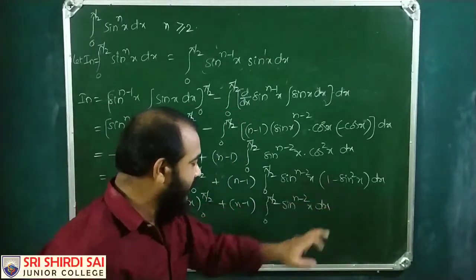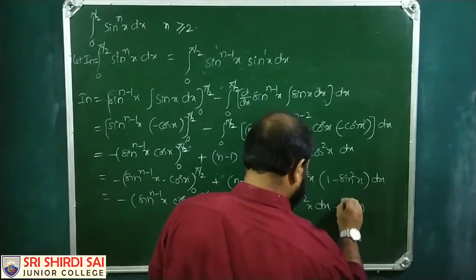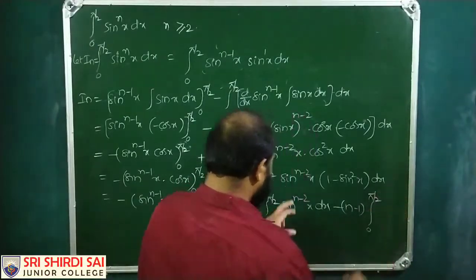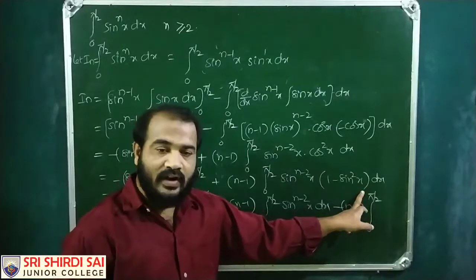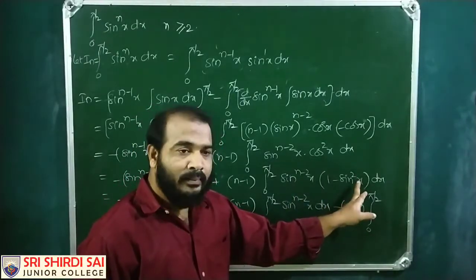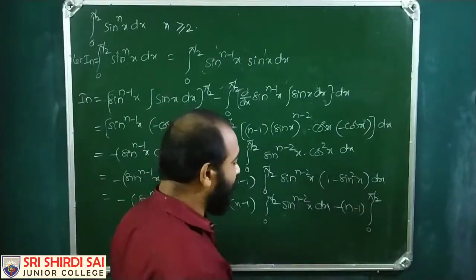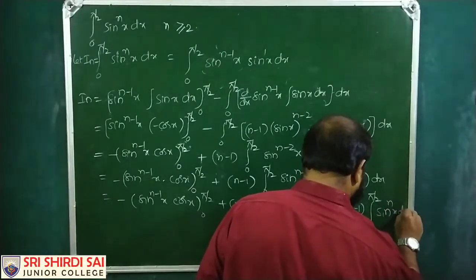Plus into minus, minus n minus 1 into integral 0 to pi by 2 sin power n minus 2 x into sin square x. Bases are equal, exponents are to be added: sin power n minus 2 x plus 2. Minus 2 plus 2 gets cancelled, we are left with sin power n x dx.